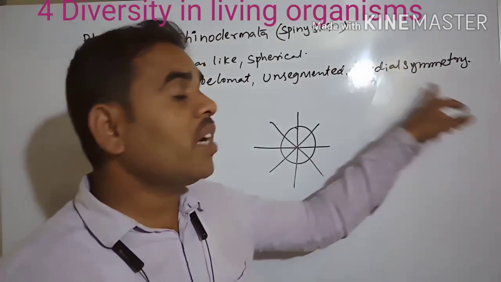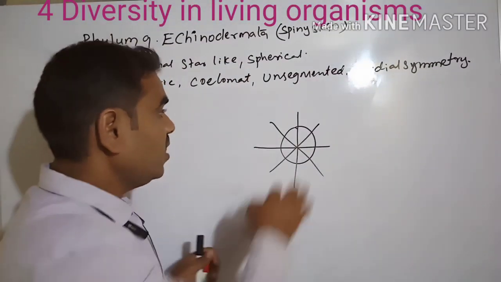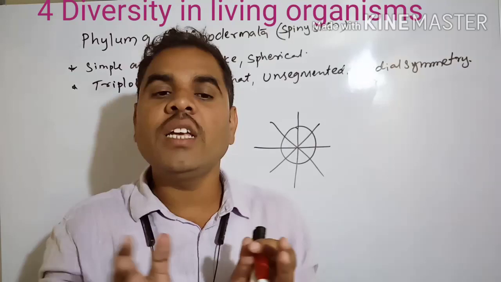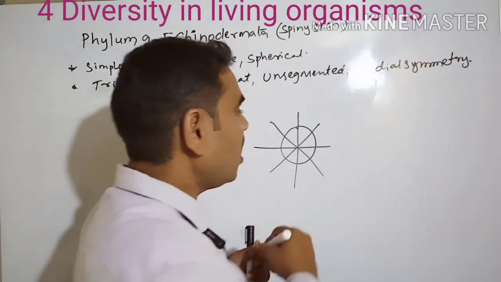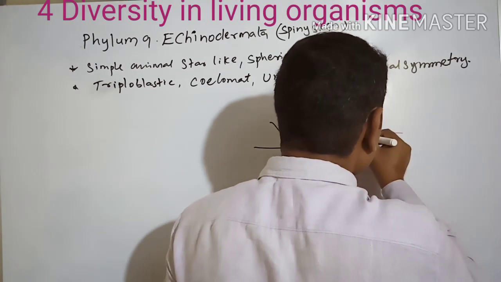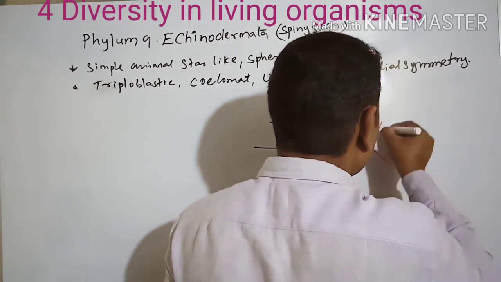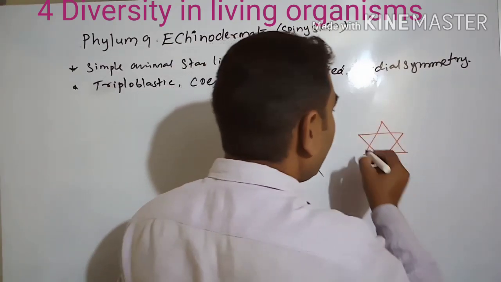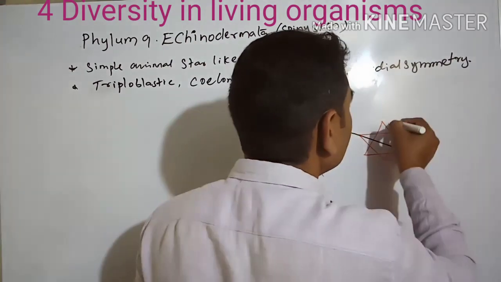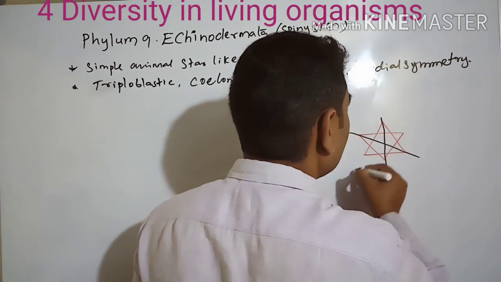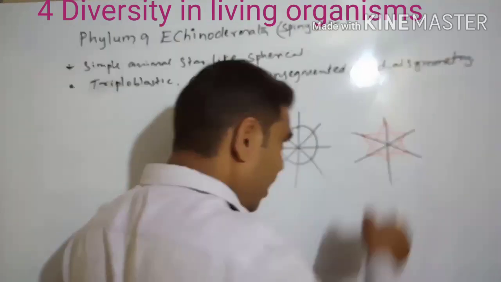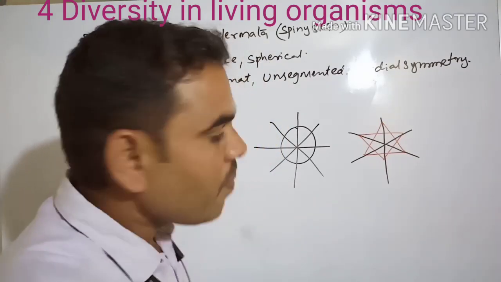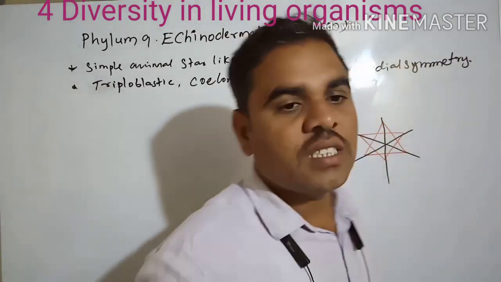Even in a starfish, if you cut along any plane, it will make two halves. This is the radial symmetry.